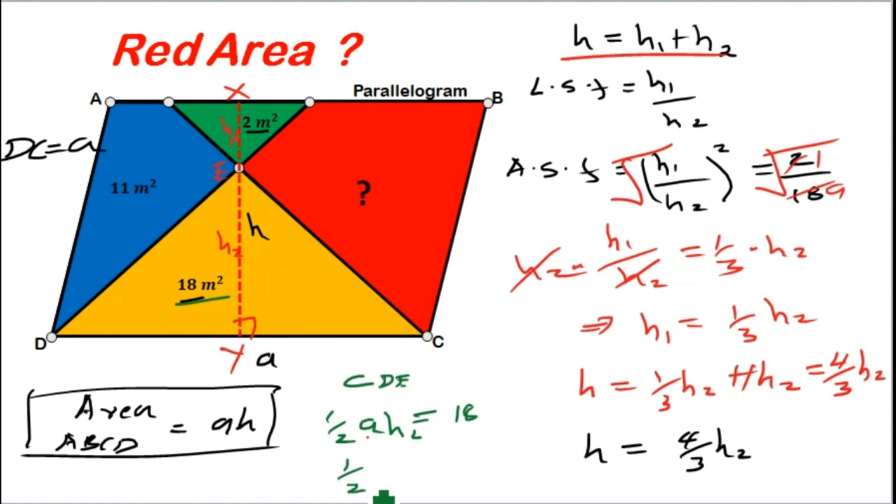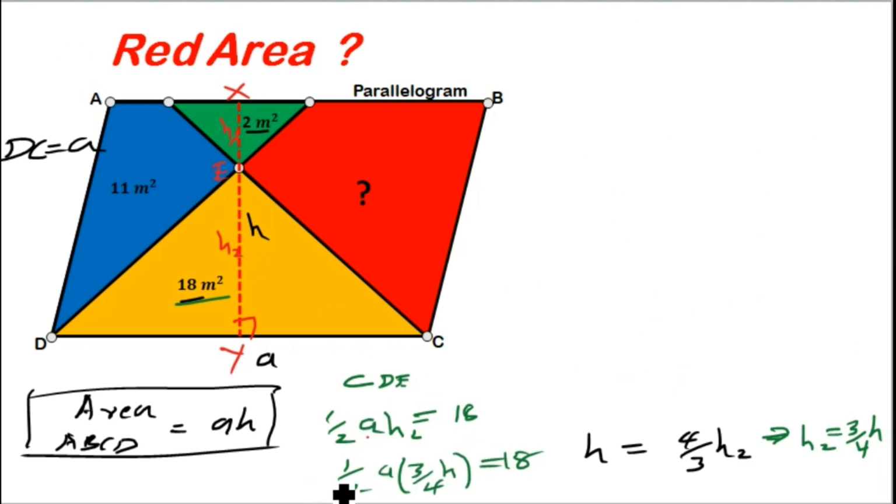So a half A times H2 equals 18. And what is H2? Remember, H is 4 over 3 H2, so H2 is 3 over 4 H, if you make H2 the subject of the formula. So we have a half A H2, where you put the value of H2, which is 3 over 4 H, equals 18.